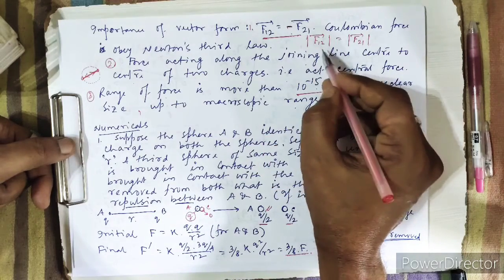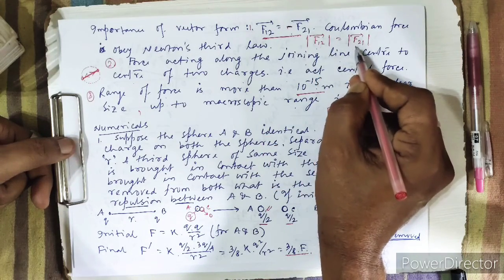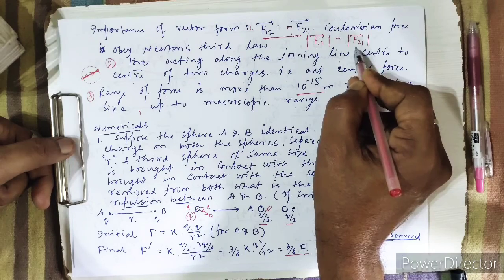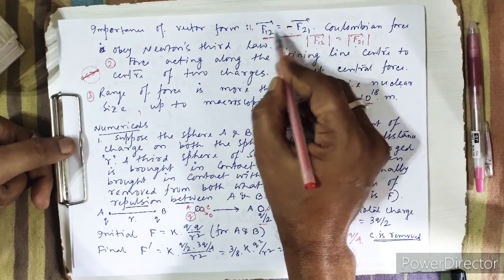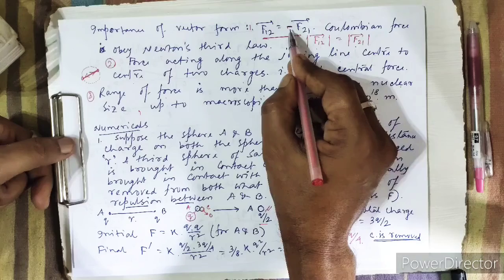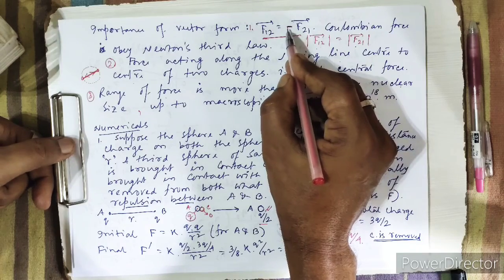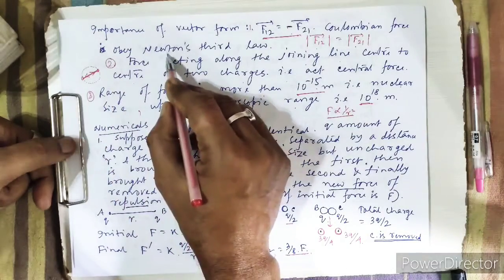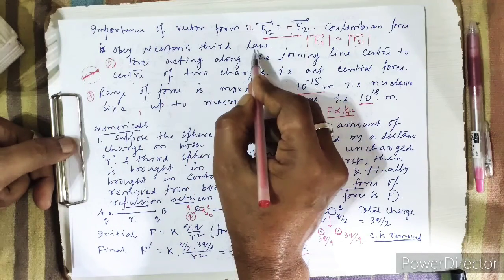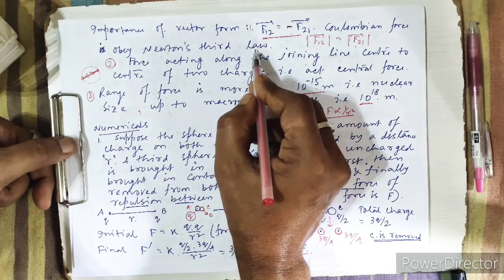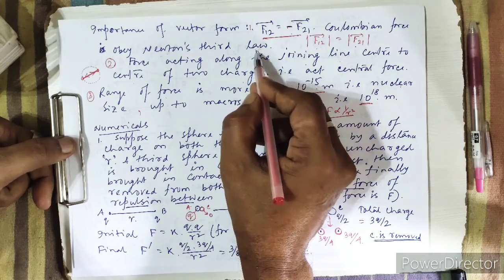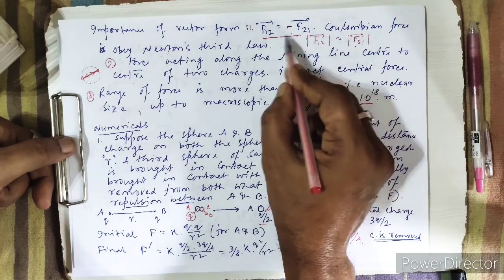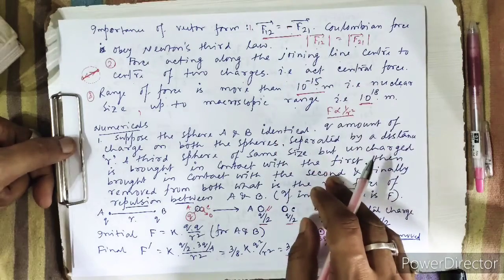The magnitudes of F12 and F21 are equal, but they are opposite in direction, plus and minus. This signifies that the Coulombian force obeys Newton's third law. Clear? Every action has an equal and opposite reaction.